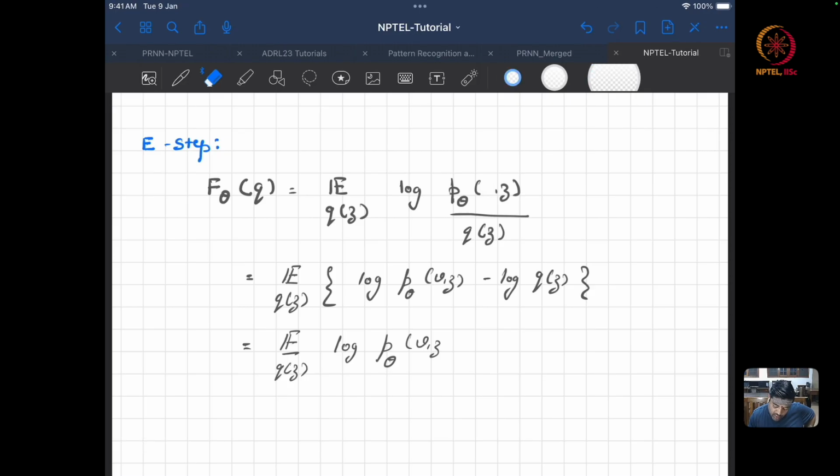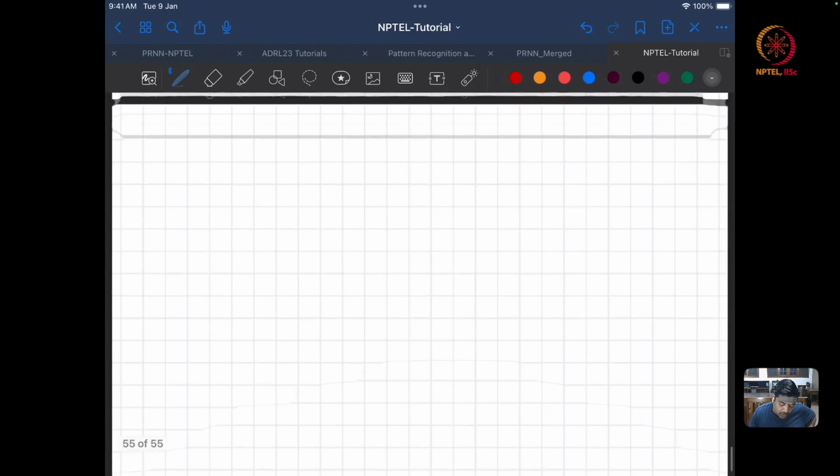This is not V, I want it to be Xi, the ith value.